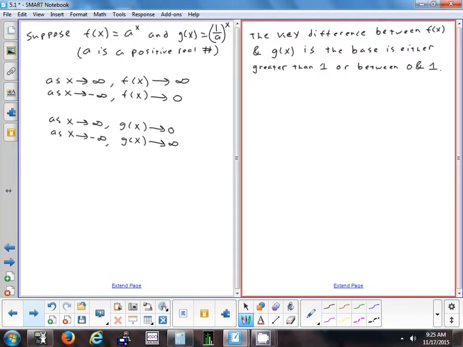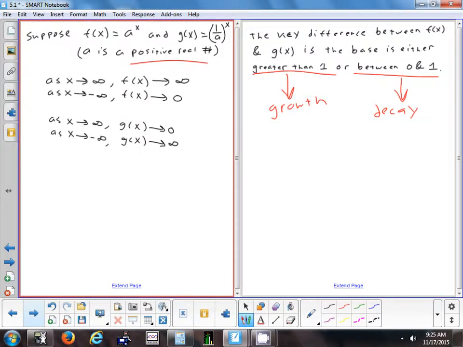So the difference: if the base is greater than 1, we get growth. Between 0 and 1, decay. And the base will never be negative. Negative bases are very strange, so we're not going to talk about that.